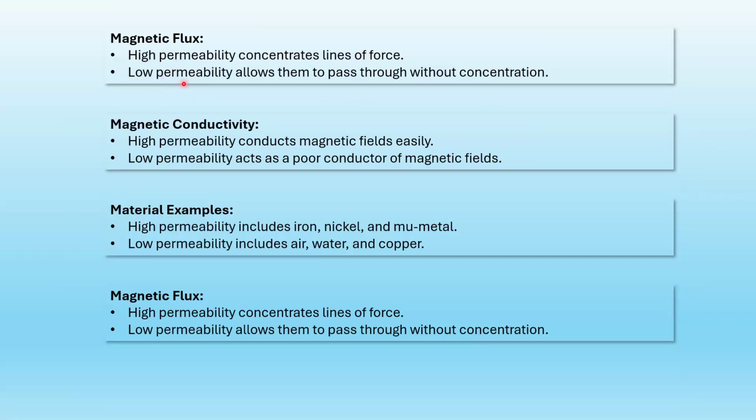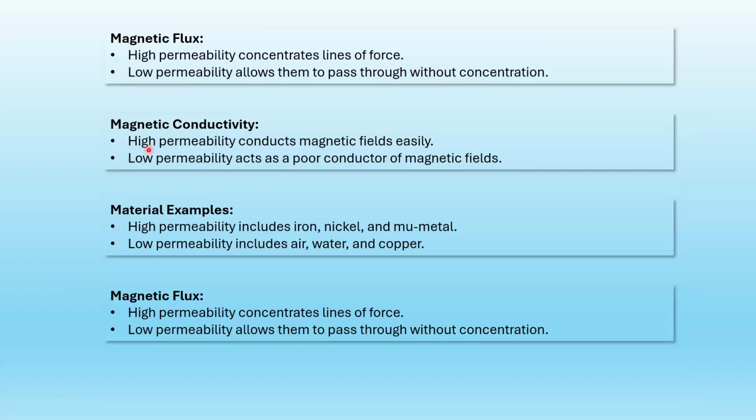In the context of magnetic flux, high permeability concentrates the lines of magnetic force. Low permeability allows them to pass through without any concentration. So here's one key idea. Another is magnetic conductivity.